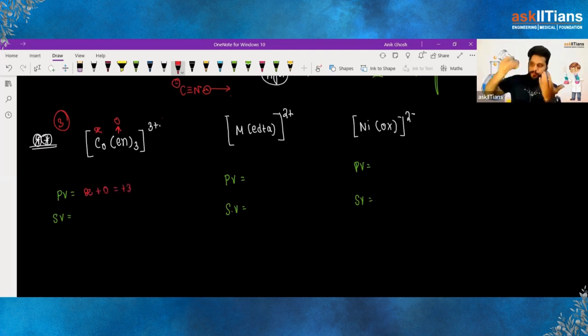If you don't go for the arithmetic, simply think that the charge on the coordination sphere is not given by the ethylene diamine. That means the metal is responsible for the charge. So x is +3. So that means primary valence is +3, same as the oxidation number. Secondary valency, guys, 3 ligands, so 3. Simple.